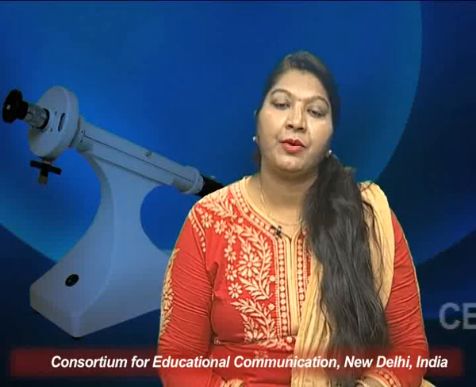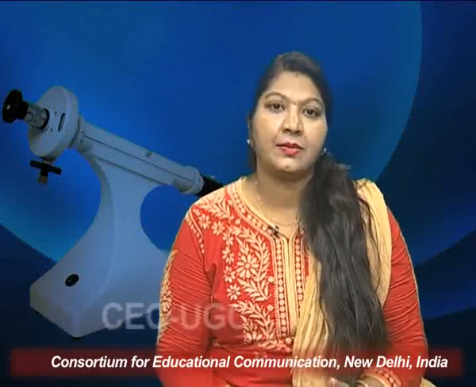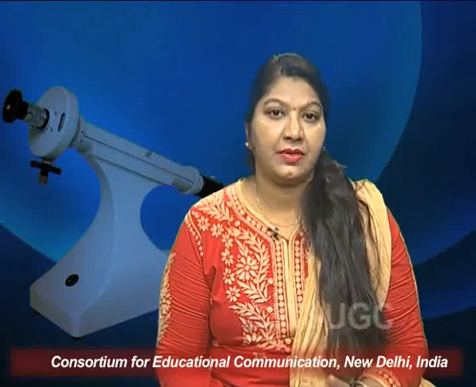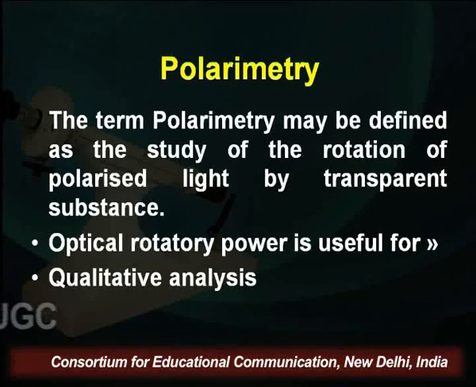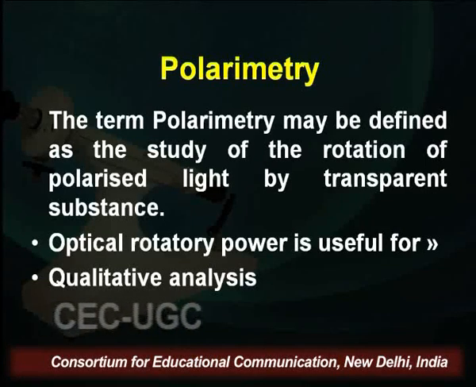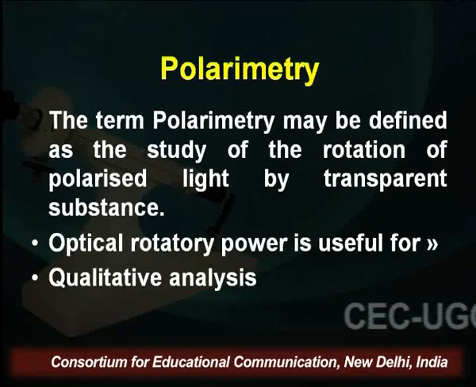So, what is polarimetry? First, we discuss some of the definitions which are used in this experiment. Now, what is polarimetry? The term polarimetry may be defined as the study of the rotation of polarized light by a transparent substance.